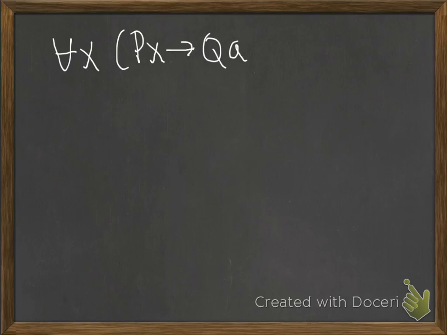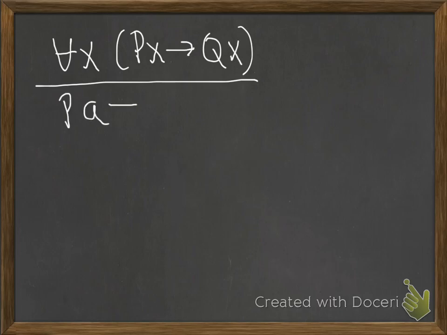So first I will explain the rule of universal formula out. So that says that if we have the formula for all x, if Px, then Qx, well, from that we can derive the formula Pa arrow Qa.